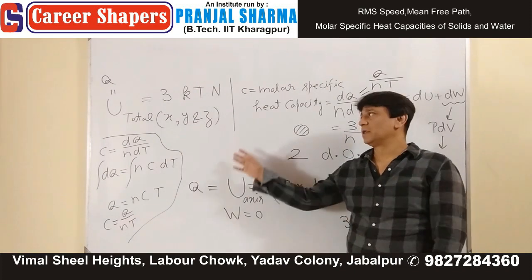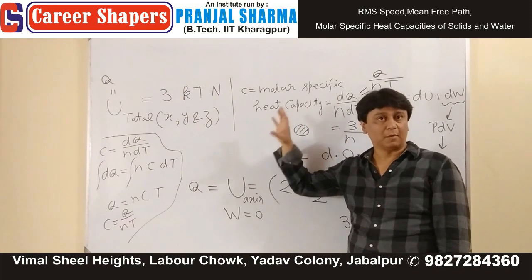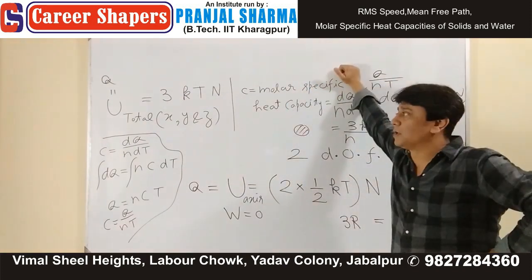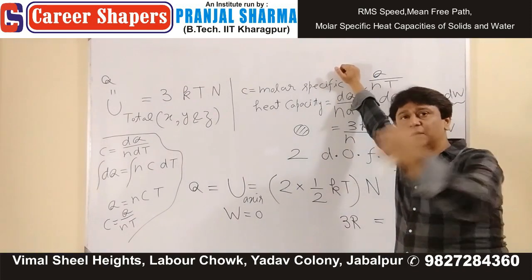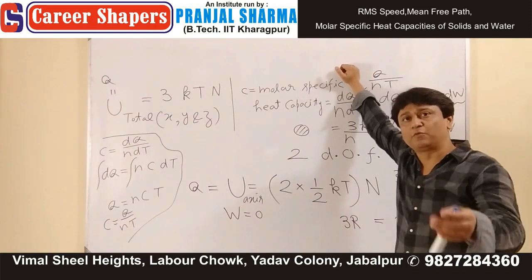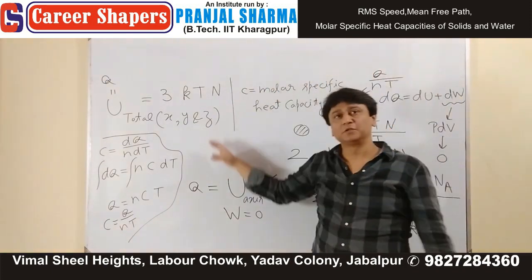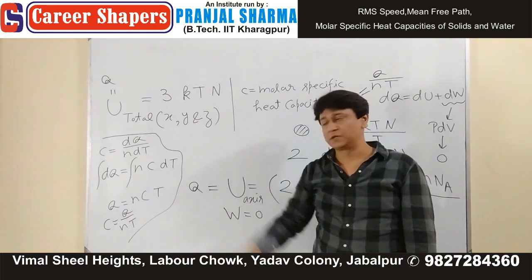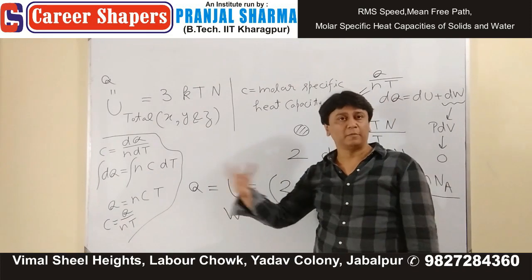Basically, the kinetic theory of gases is good for ideal gases only. What is an ideal gas? One in which there is very large separation between the molecules, but we are crossing limits. We are using the concept for solids and for liquids, and it's just that the values are coming close.